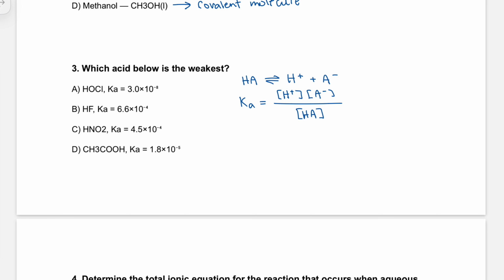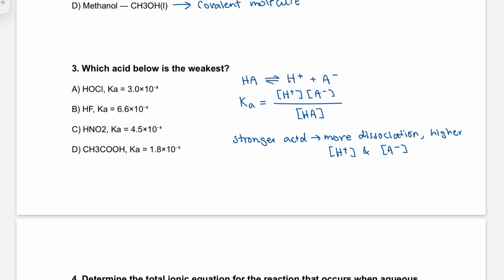So when we talk about which acid is the strongest, it basically means which one will dissociate into ions the most. So a stronger acid leads to more dissociation, which basically means more products. So we have a higher concentration of H plus and also the conjugate base.